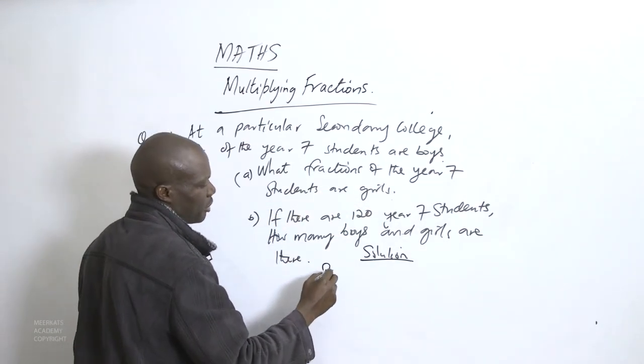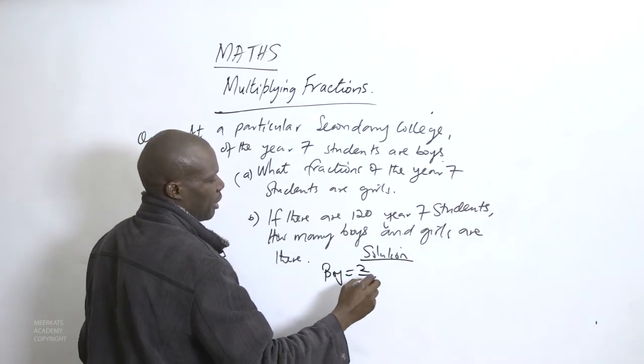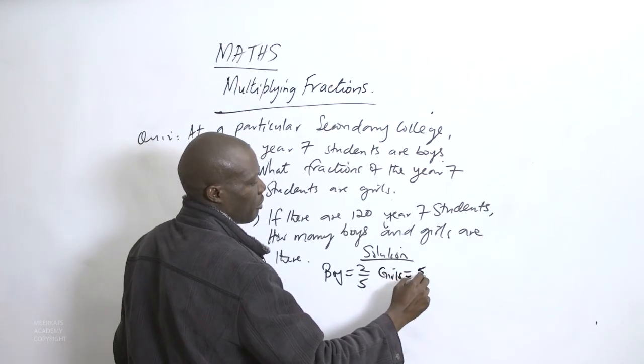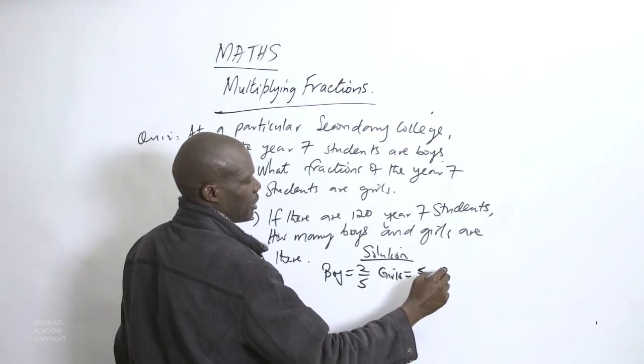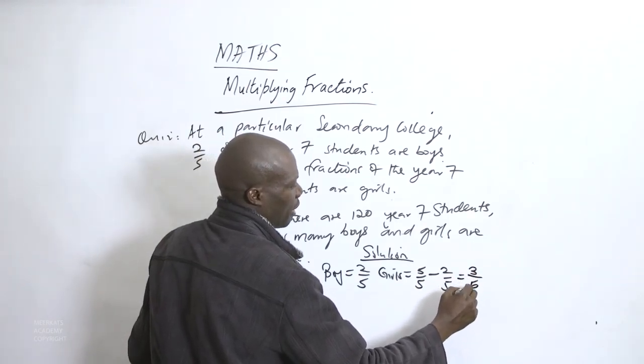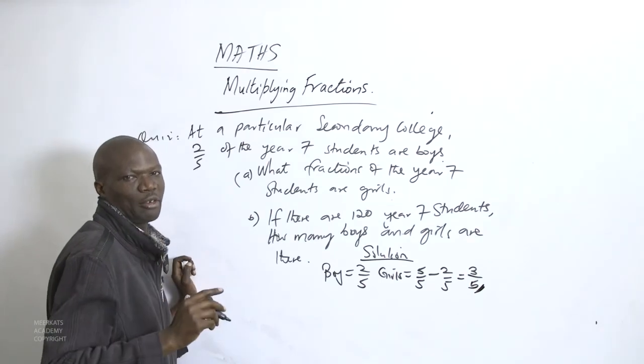If boys are 2 over 5, then girls will be the whole, which is 5 over 5, which represents 1, minus 2 over 5, which will give us 3 over 5. Why are we saying 3 over 5? Because we only have 2 genders.